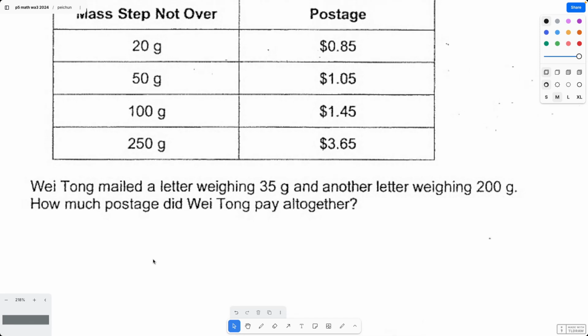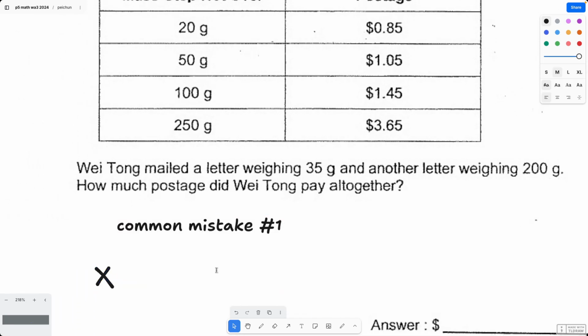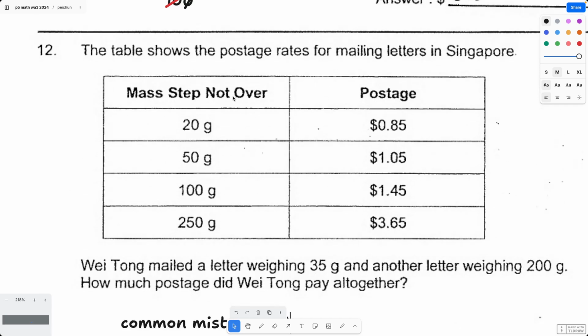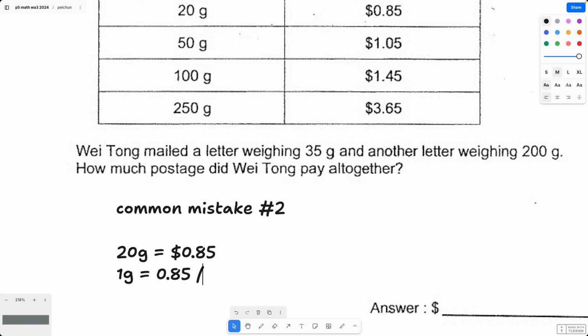Secondly, common mistake number two is that you divide in a way at the step. For example, if 20 grams is equal to dollars 0.85, then 1 gram is equal to 0.85 divided by 20.